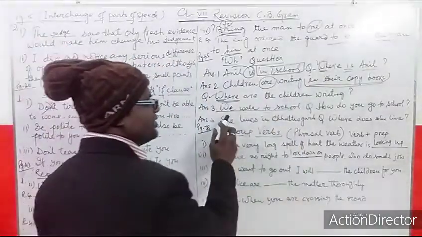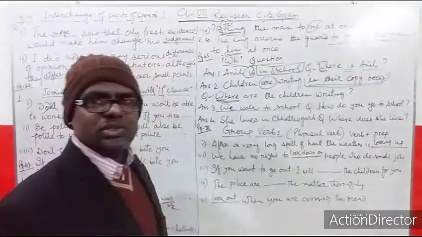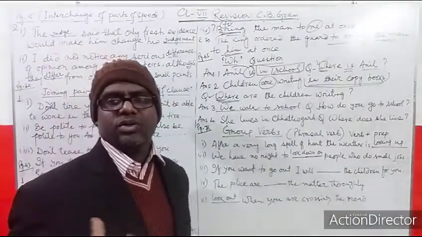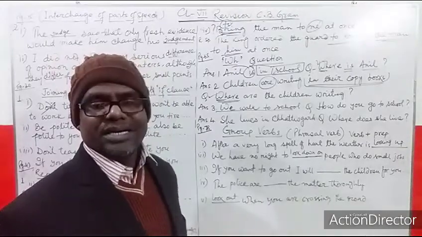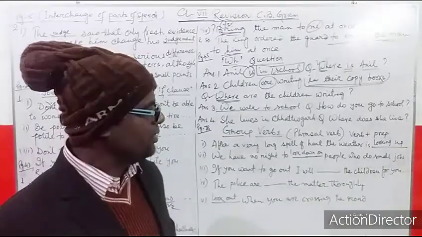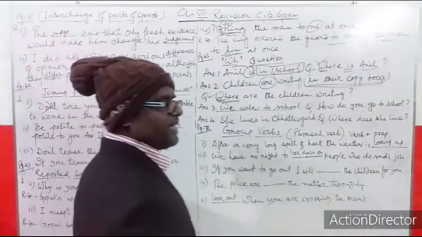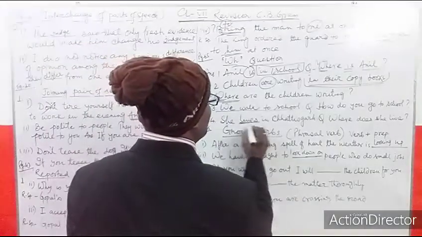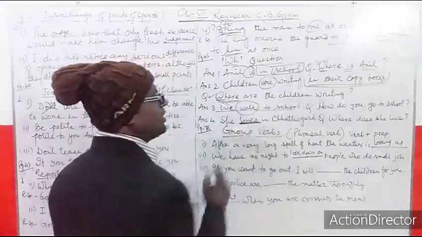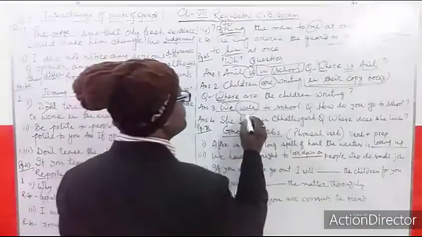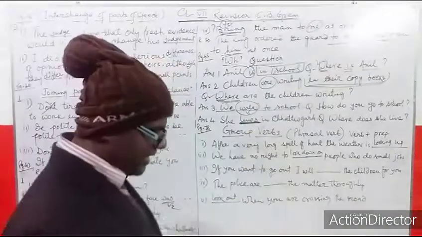Now here, because there are no be verbs, we need to bring a do verb. Do verb is the helping verb. We need to bring it as per the subject and verb given here. The verb here is walk. Walk is the first form.